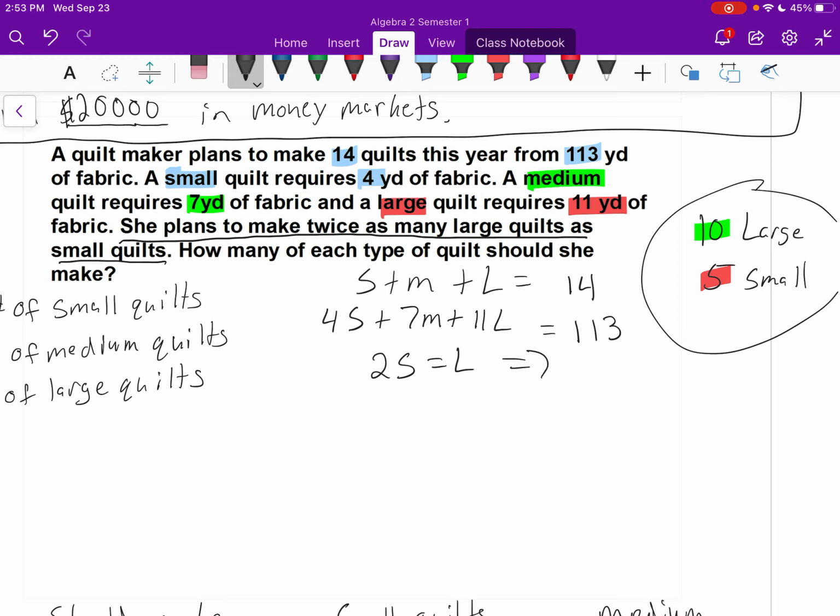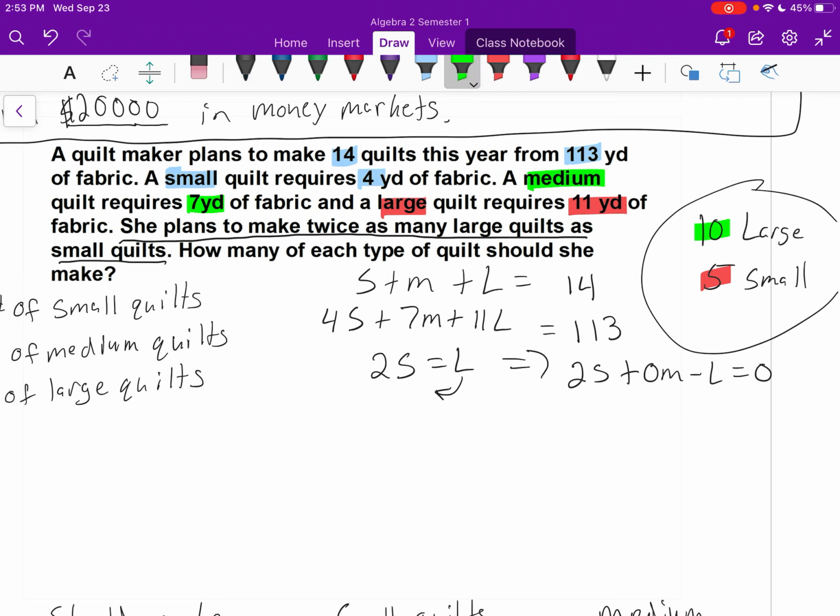So again, now helping us solve, I'm going to rewrite this equation so we have S, M, and L. Bringing that L over, so subtracting it, we're going to end up with 2S. We don't have any mediums. And then minus L equals 0.